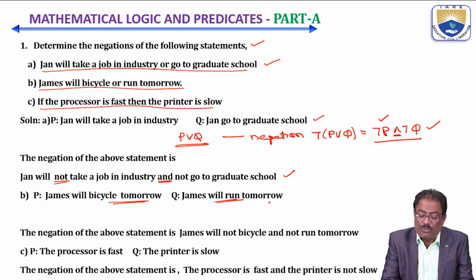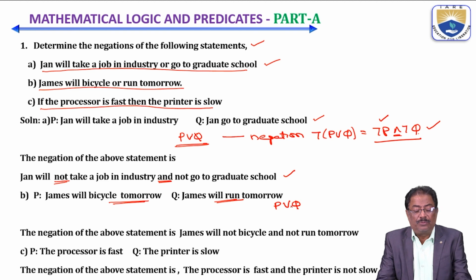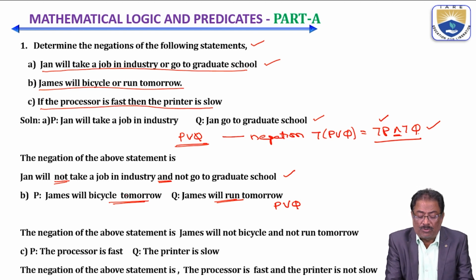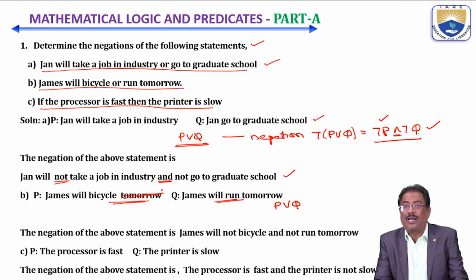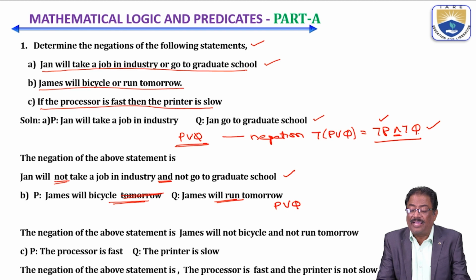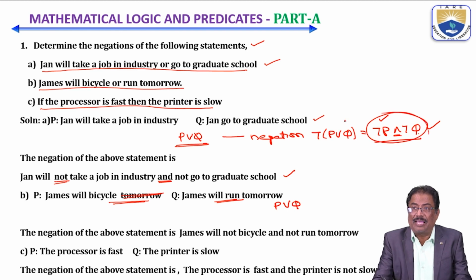In the same manner the symbolic form is P or Q. Taking the negation once again, we get the same form. So the negation of the statement is: James will not bicycle and not run tomorrow.